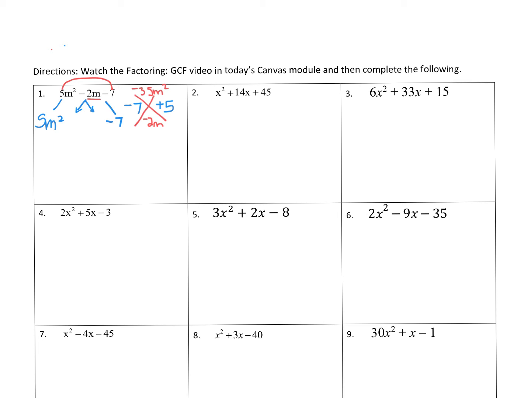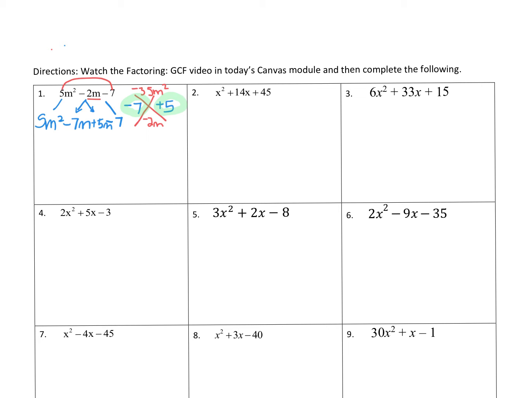Those 2 parts are the ones that we found over here. And so for this particular one, we're going to write negative 7m and then plus 5m. And now we have 1, 2, 3, 4 terms.